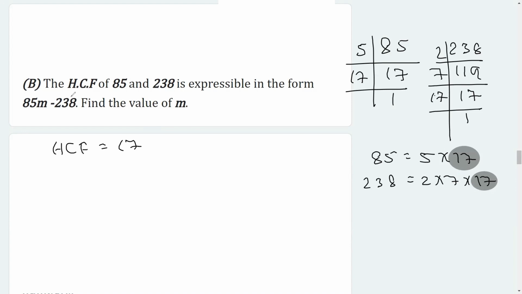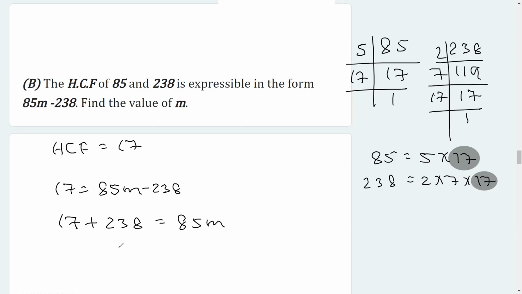Now they're asking that if the HCF is expressed like this, I replace the HCF with 17, which is equal to 85m minus 238. Now we have to get m, so I'll isolate m. The normal method is to transpose 238 to the other side, so this is 85 times m.